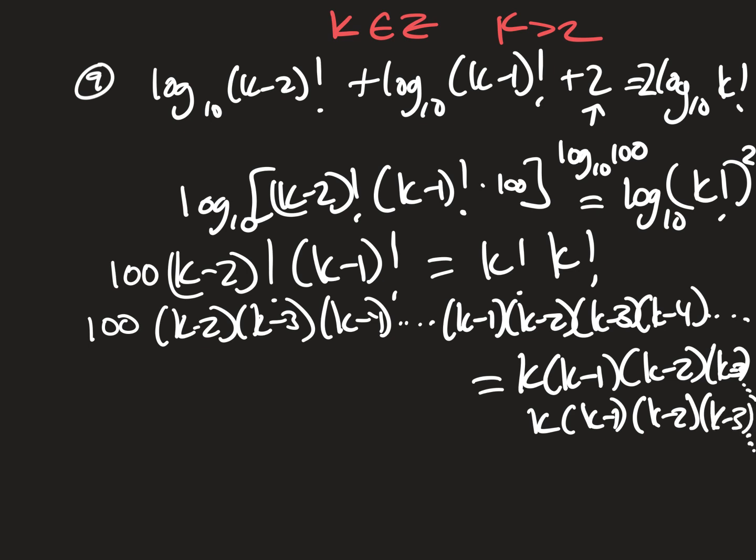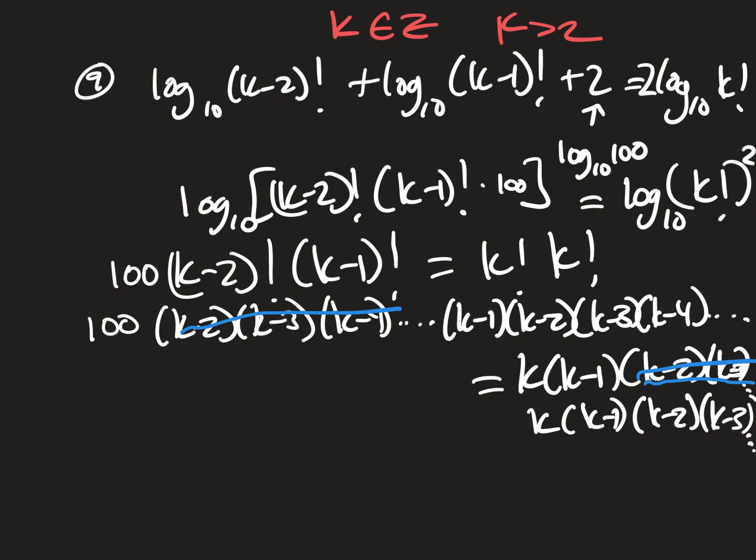And the purpose of me doing this is to see what is really going away here. So on the right side, let's see if I can show you. This k minus 2, k minus 3, and so on, can cancel with this k minus 2, k minus 3, k minus 4, and so on. So that can go away. And also on this right side, let's see what we have.